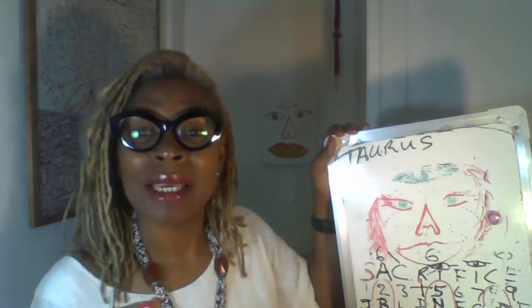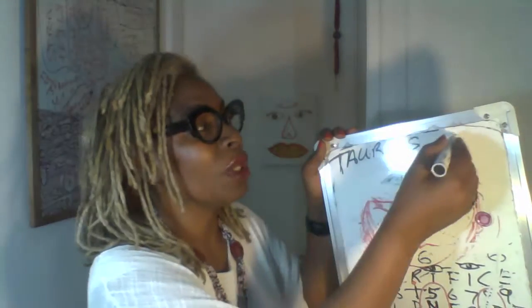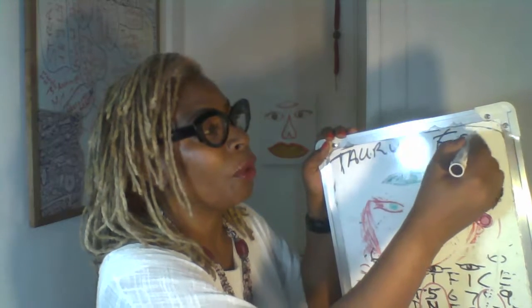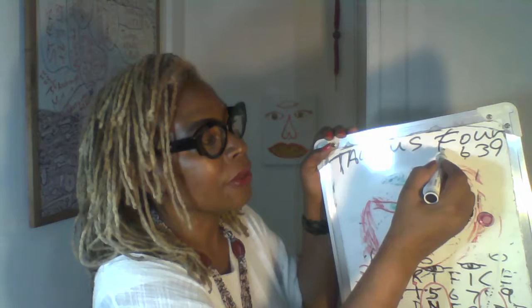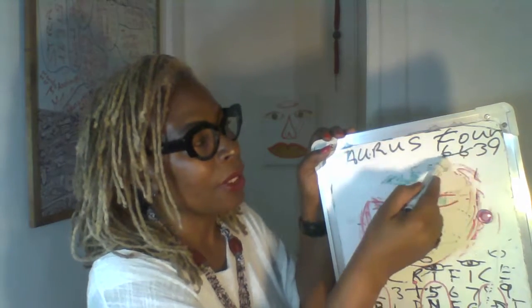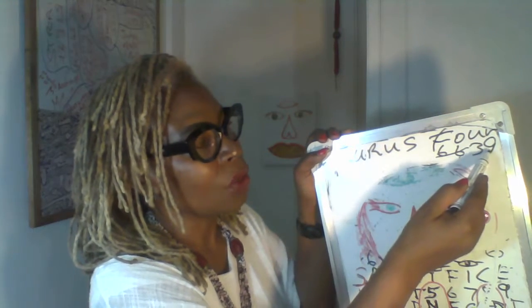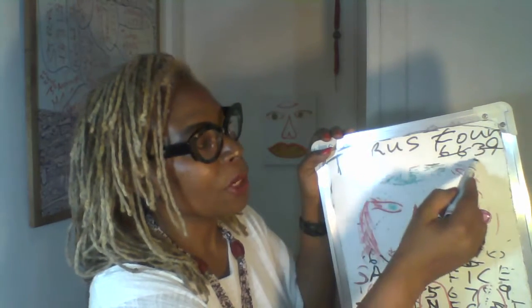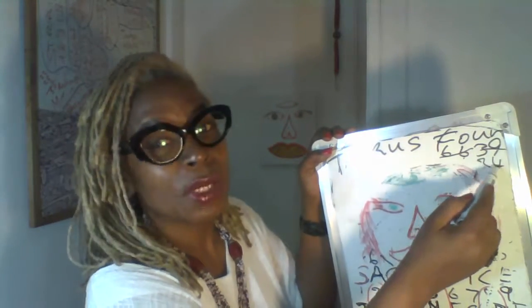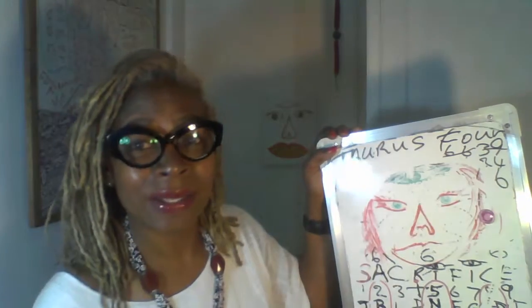Now what I like about this is that when we do the numerical value for the word four here, 9, 3, 6, 6, we see 6 and 6, 12, and 12 is 24. When we add 2 and 4 together, we get 6.